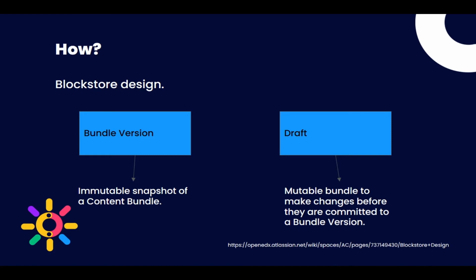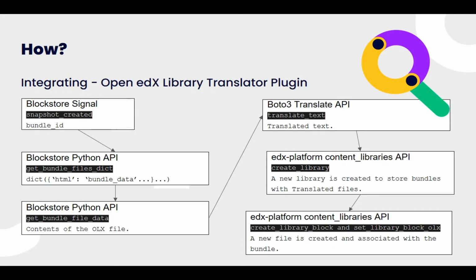With the bundle ID, we can get all the files associated with that bundle. Then we have a list of the files associated with the bundle, and we retrieve its data. Then, when we have the data, we send it to the Amazon Translate API, and when we get the response, we create a new library and a new content bundle to put all the translated files.